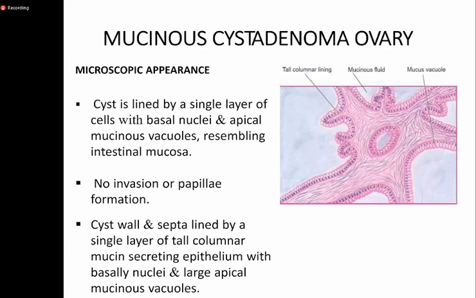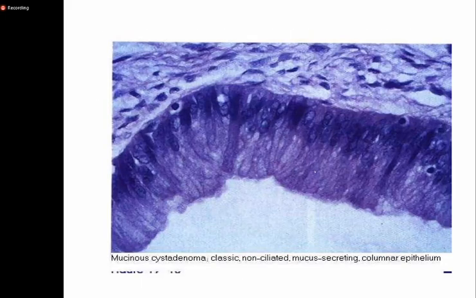And just as in this picture, you have mucinous or gelatinous fluid, tall columnar cells, and vacuoles in the epithelial lining. So this is what it would look like, resembling intestinal mucosa, tall columnar cells with apical mucinous vacuoles and basal nuclei, and they all look pretty uniform in the mucinous cystadenoma.